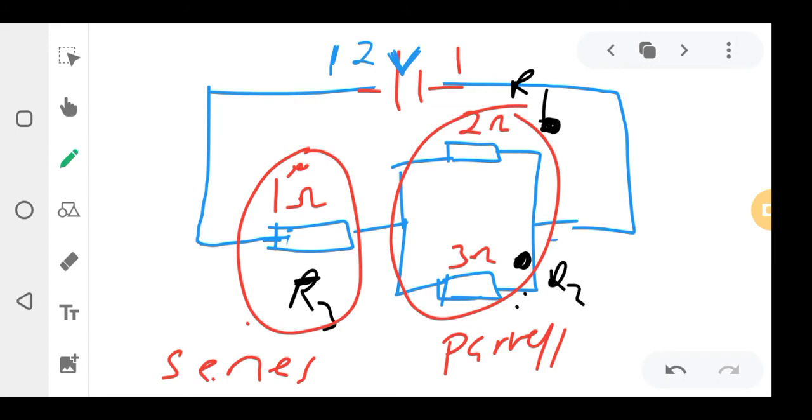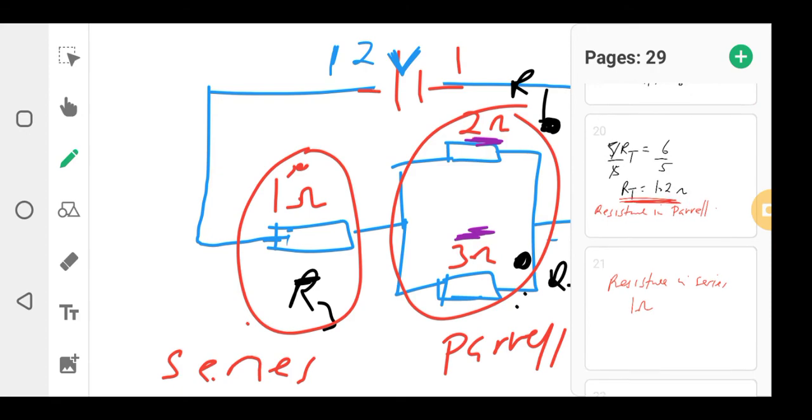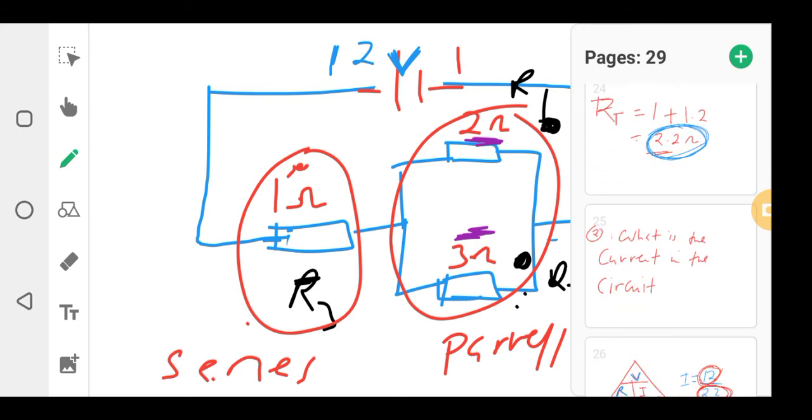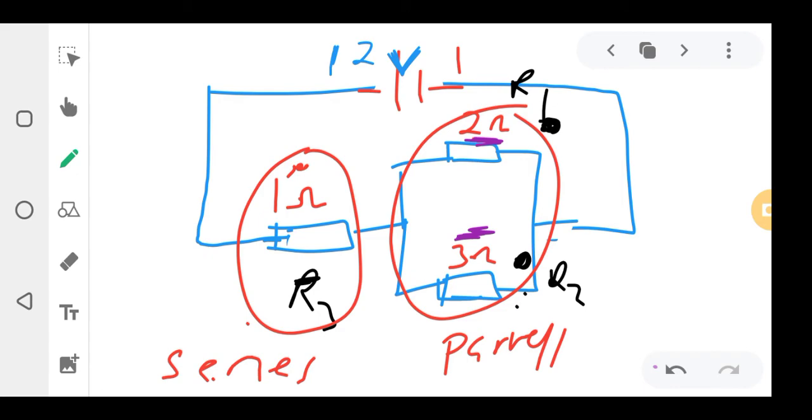Now we are calculating the current in the 2 ohm resistor here, and also the current in the 3 ohm resistor there. That's the question: the current that is passing through those. We calculated the current in the whole circuit, but now we are specific: current in the 2 ohm and current in the 3 ohm.